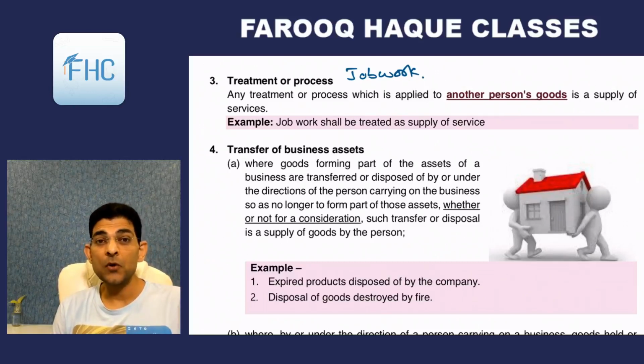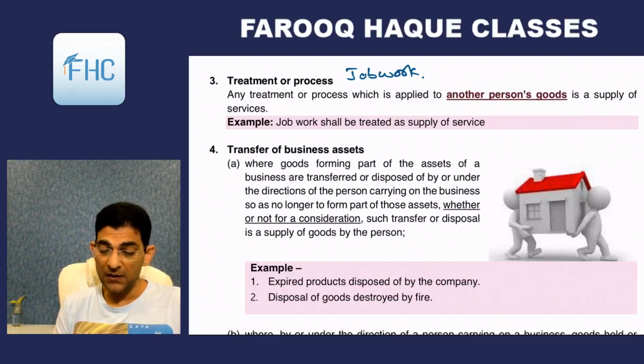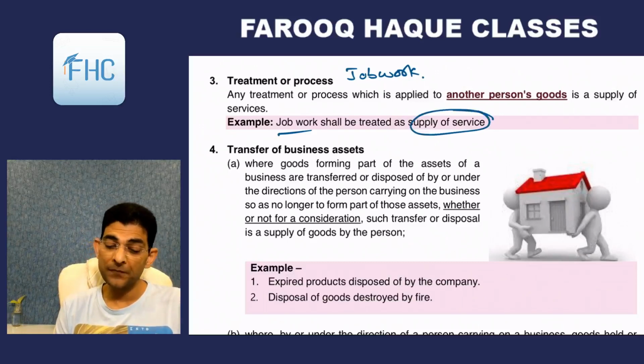So that will also be called as service. Okay, so job work will be treated as supply of service. Given there, job work shall be treated as supply of service. And the definition goes like this: any treatment or process which is applied to another person's goods is a supply of service.